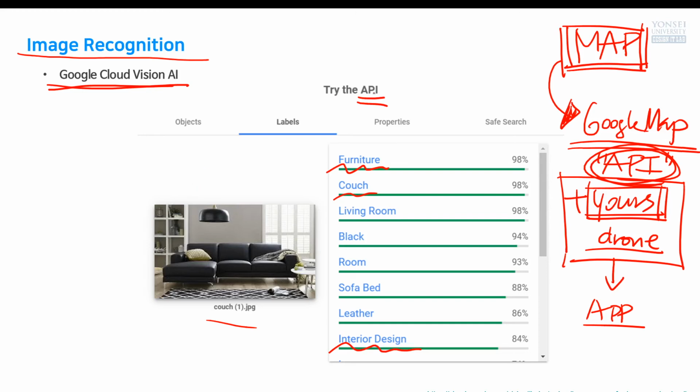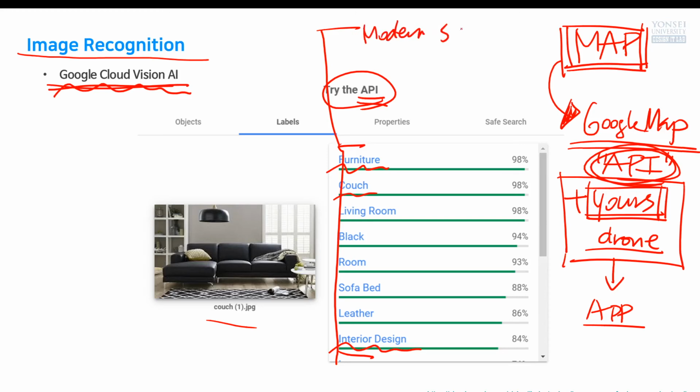So the point is, using this kind of existing API, existing Google Cloud Vision AI, this one knows furniture, couch, living room, black. But you can append more information on top of this one. What kind of information? Okay, this is modern style. And this is linear style.